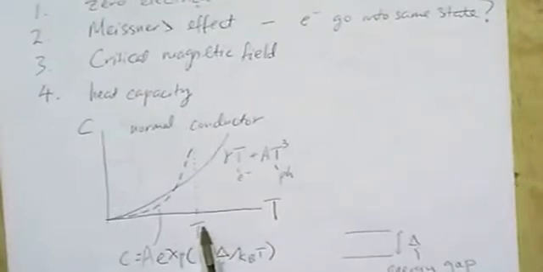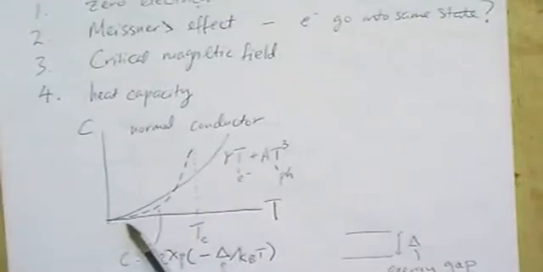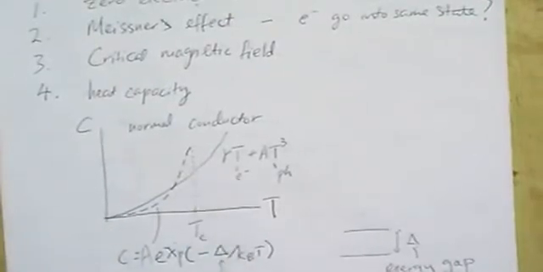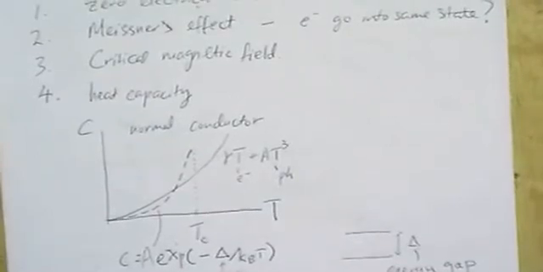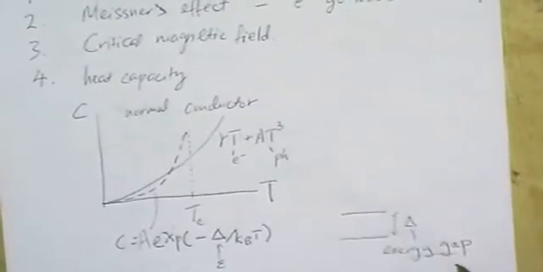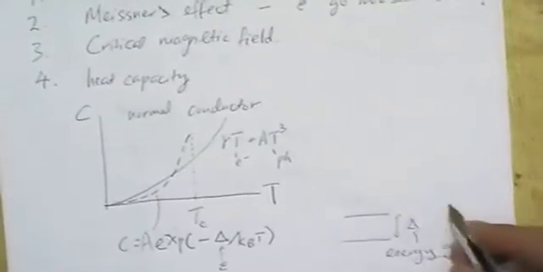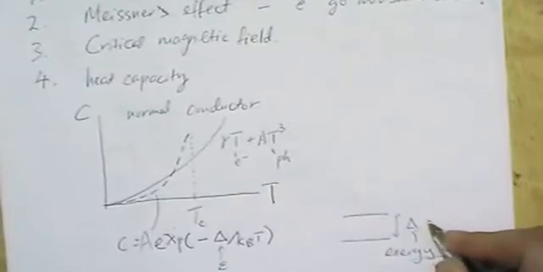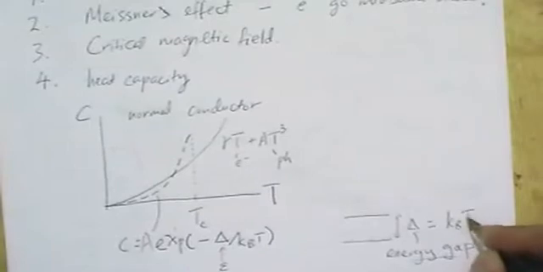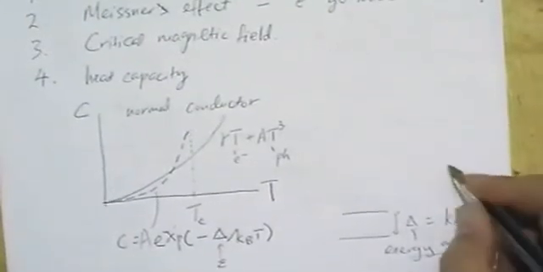Now, when we come to this property of the heat capacity, that below Tc, the heat capacity looks like the Boltzmann distribution function, which seems to suggest two energy levels and therefore some kind of energy gap in between. Now we are ready to explain this energy gap. This energy gap could in fact be kB times Tc, the energy of the Cooper pair.